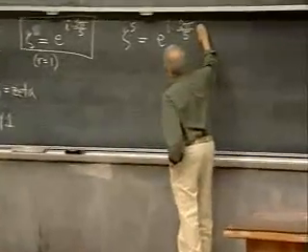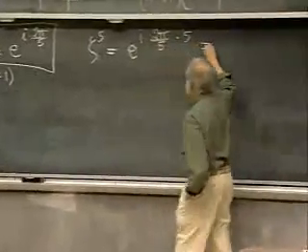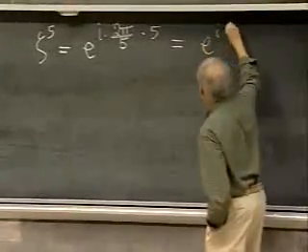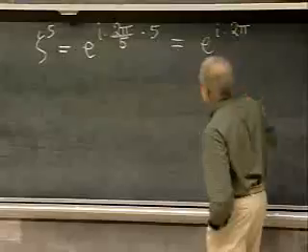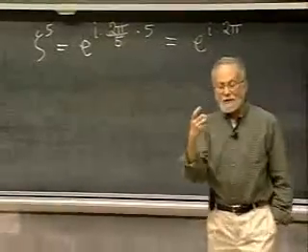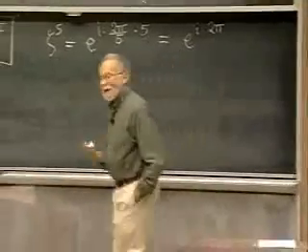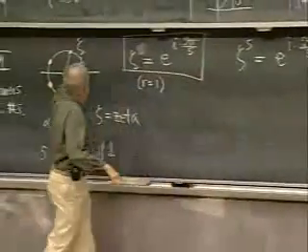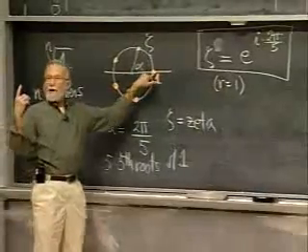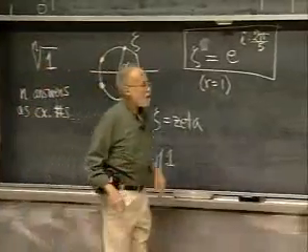So this times 5, now what's that? That's e to the I times 2 pi. And what's that? Well, if the angle is 2 pi, I've gone all the way around the circle and come back here again. I've got the number 1. So this is 1.